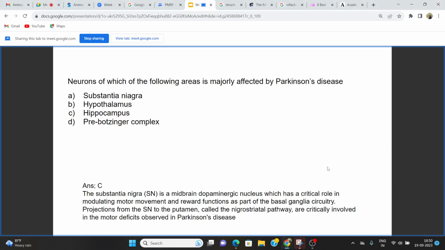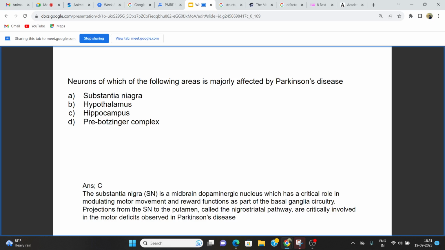So what is the main type of neuron that is present across the substantia nigra? Which type of neurotransmitter? Dopaminergic neuron. Yeah, dopaminergic neuron.